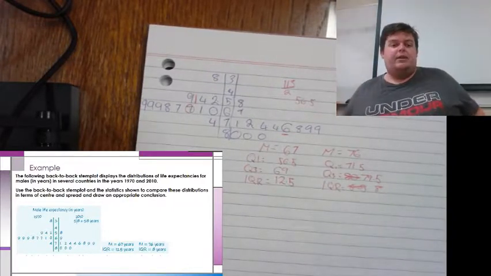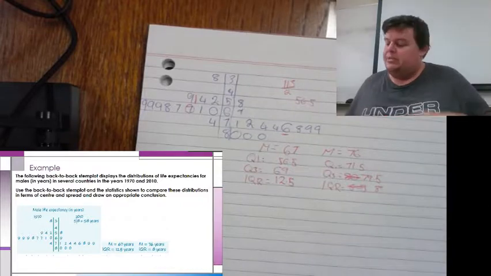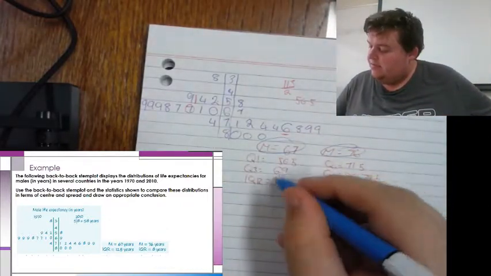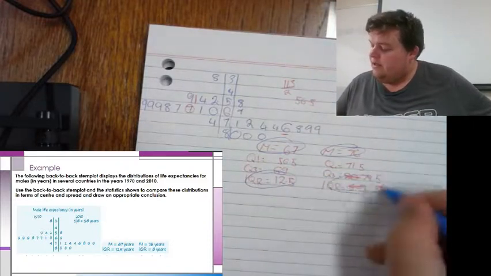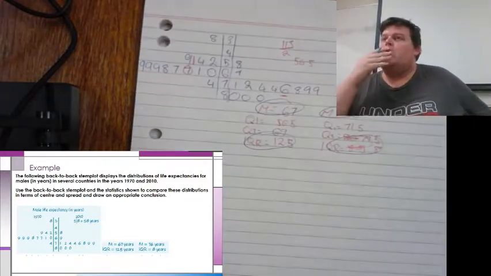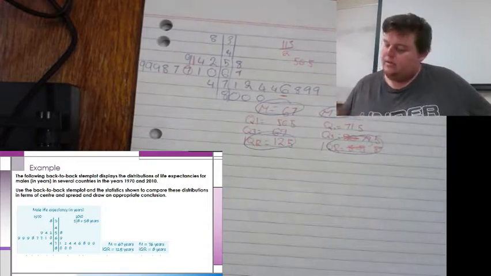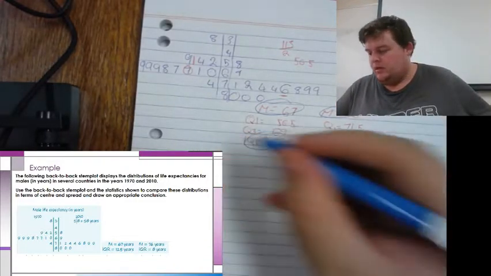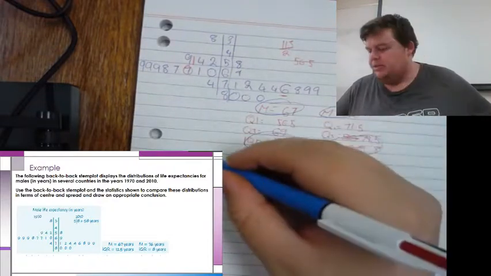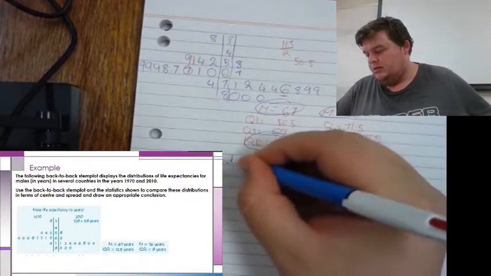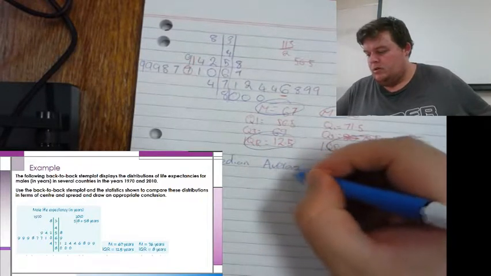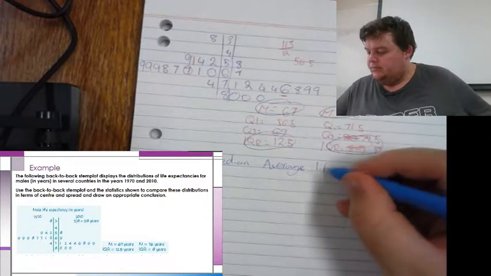Alright, and then from here I'm going to comment on the center and the spread. For center we tend to use median, and for spread we use IQR. To comment on this, so this is a written answer, you would say something like the median average life expectancy.